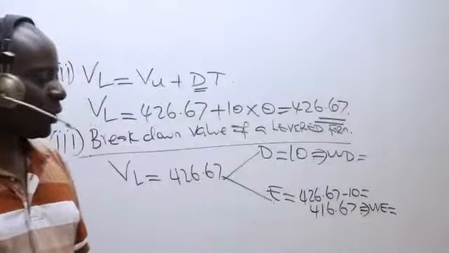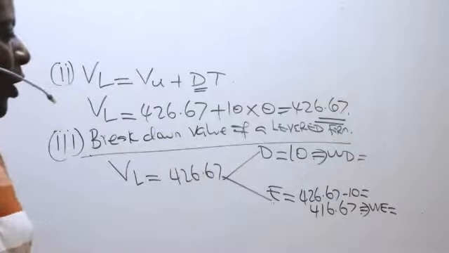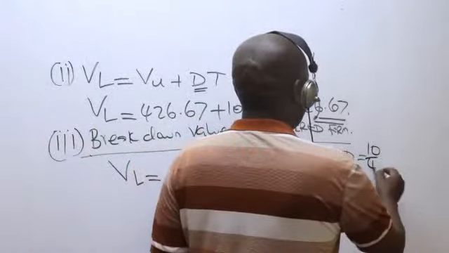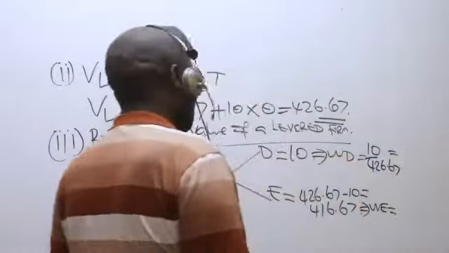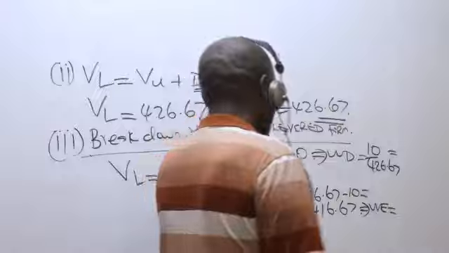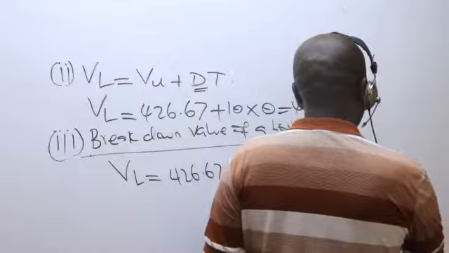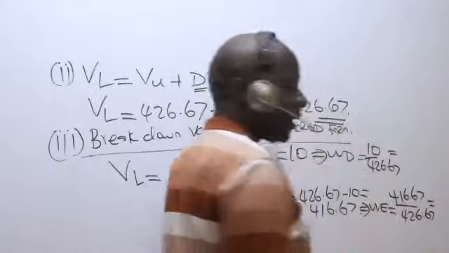So weights, are you able to give me the weights very fast? What shall we do to get the weight of debt? You take 10 divided by 426.67. Then weight of equity: this will be 416.67 divided by 426.67.